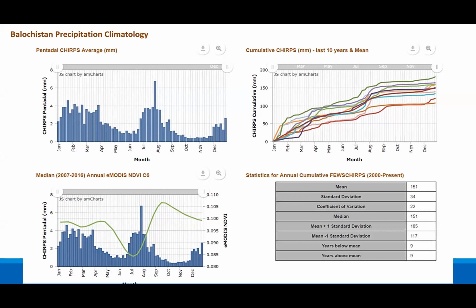For example, this is a visualization of one particular province in Pakistan, showing how precipitation is happening every month, or what the vegetation conditions are on a monthly basis.